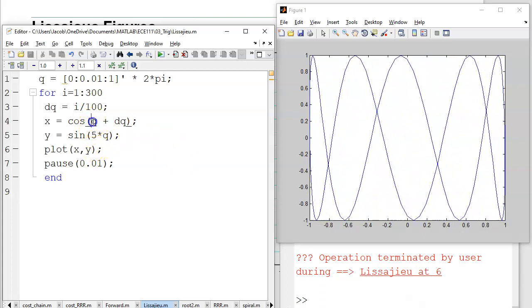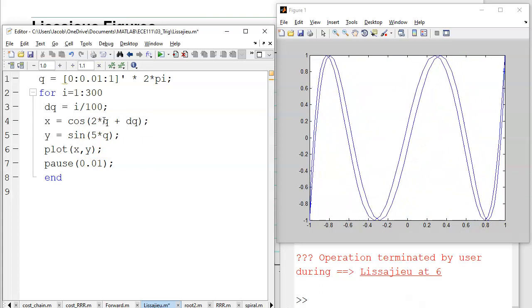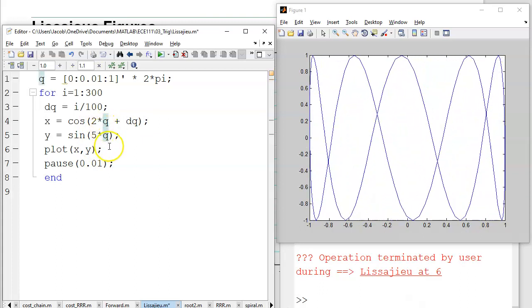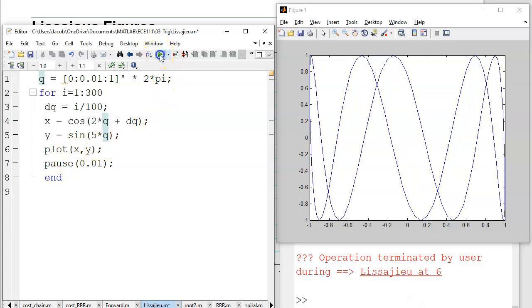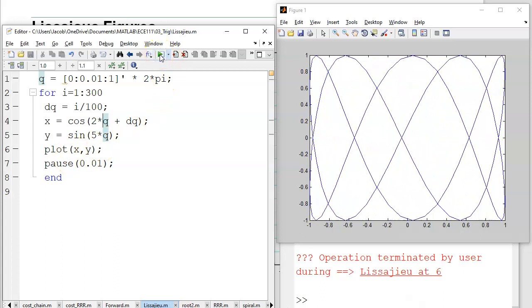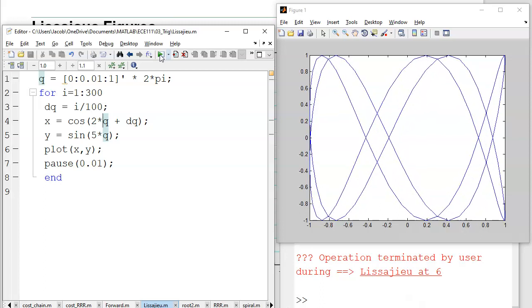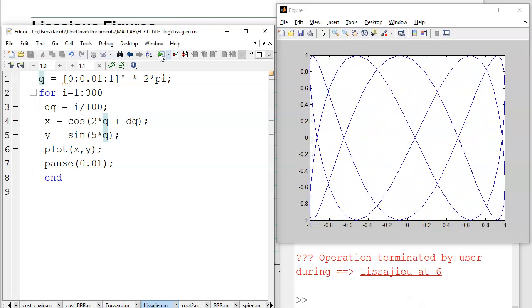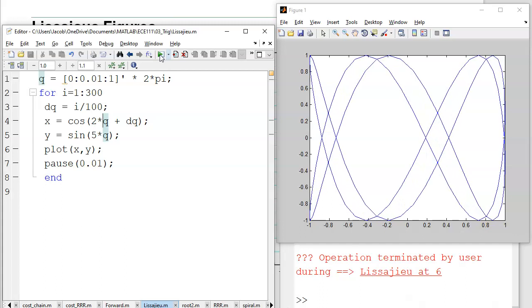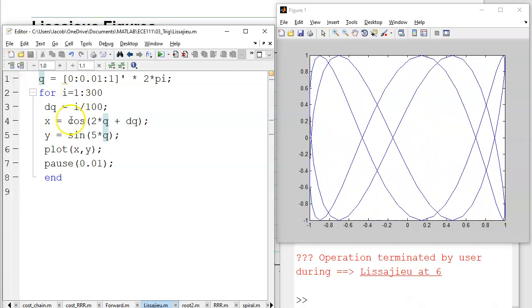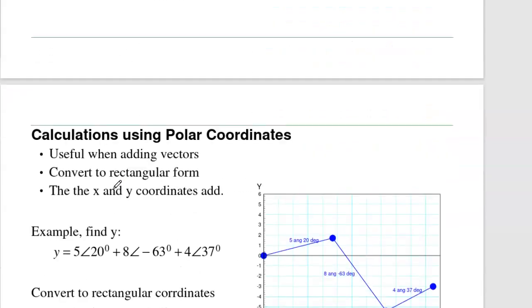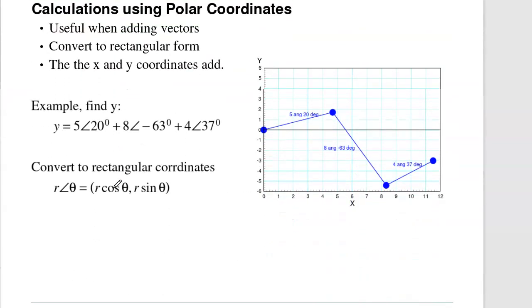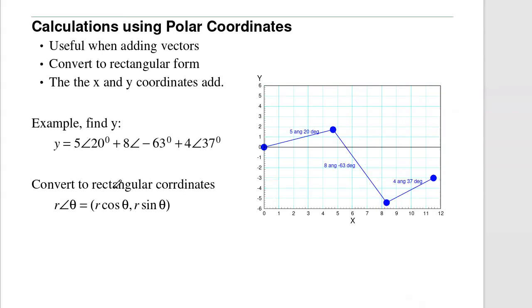If we make this 5 to 2, that's what it looks like. Yeah, I'm not really sure what the use is, but they're kind of pretty. That's a Lissajous figure. It's all sines and cosines. Another use of polar coordinates.